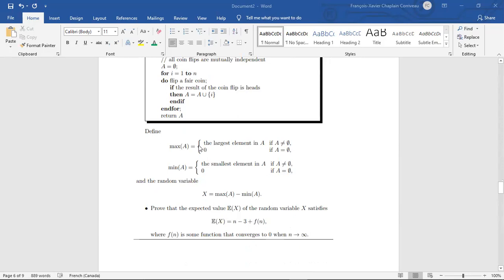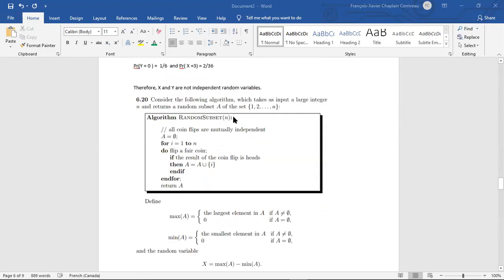So now we look at two variables. These are random variables. Well, no, they're not random variables, but anyways, we're getting to a random variable. So we look at these two values. The maximum of A is the largest element in A if it's not empty. Otherwise, we set it to be 0.